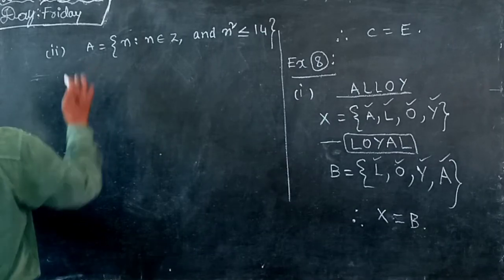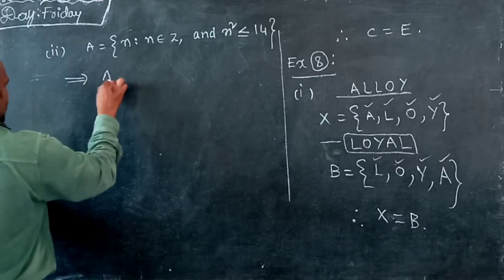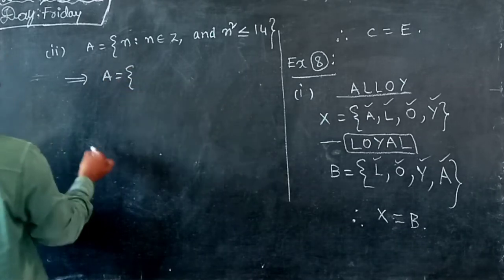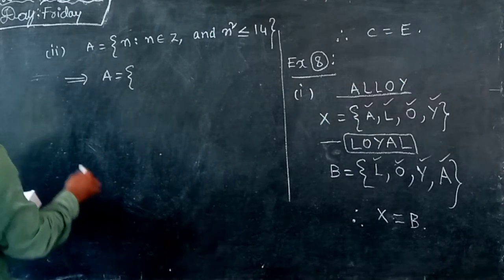Next, this is given as A set, and we'll write all the elements present in A. Next, what is given in another set? First, we'll write the B set.